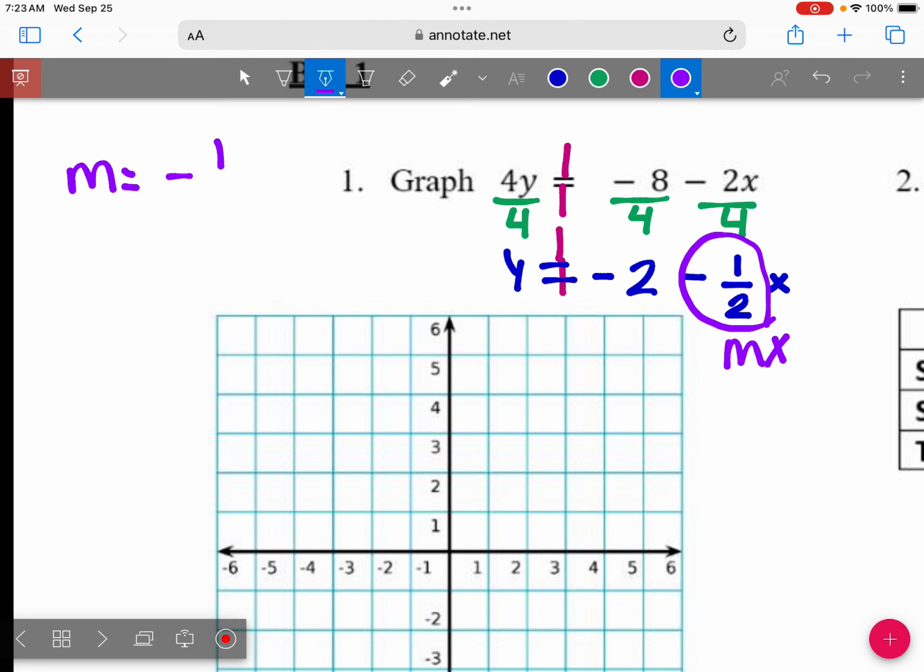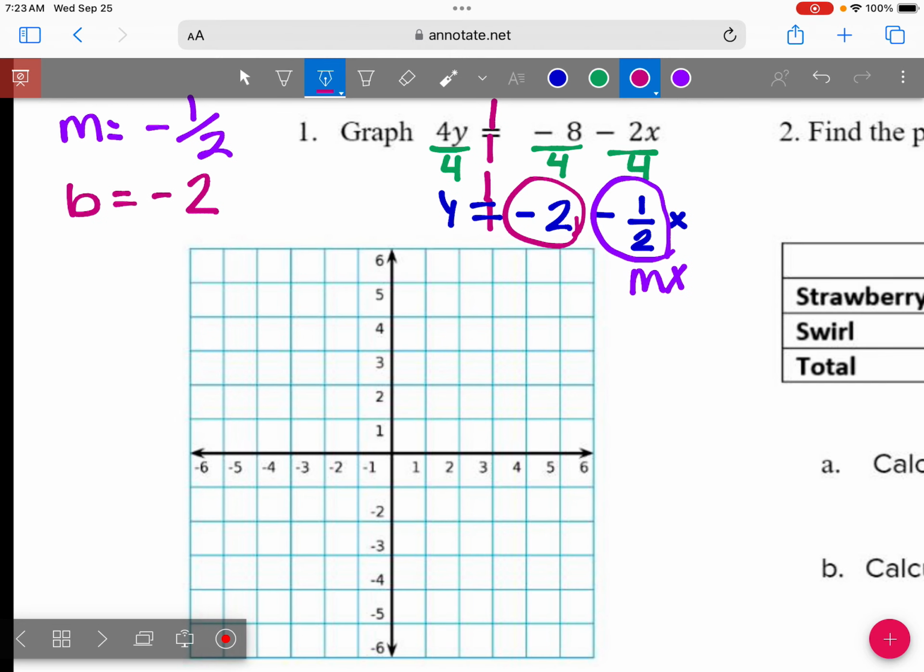So my m is negative 1/2. What's my b? Negative 2. B does not have an x. B will never have an x. Negative 2. So mx, whatever's times the x, that's your m. It doesn't matter what order it's in. M is multiplied by the x.